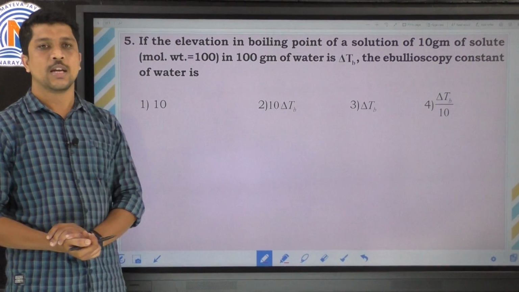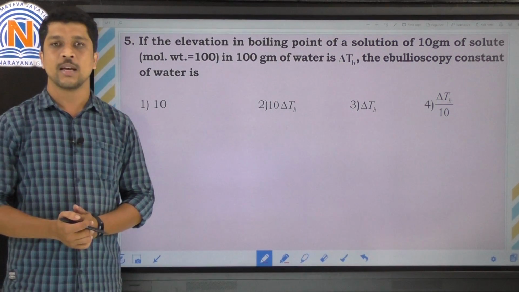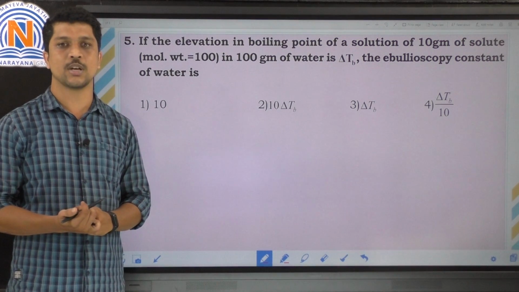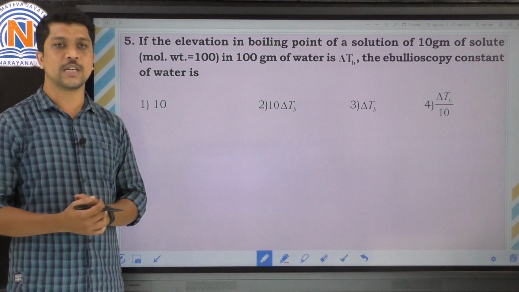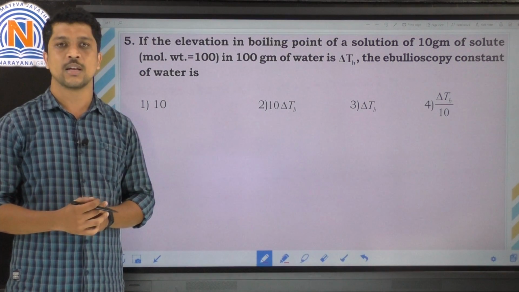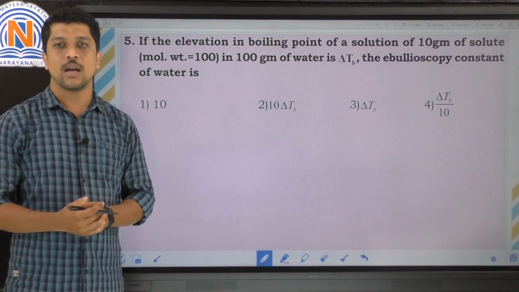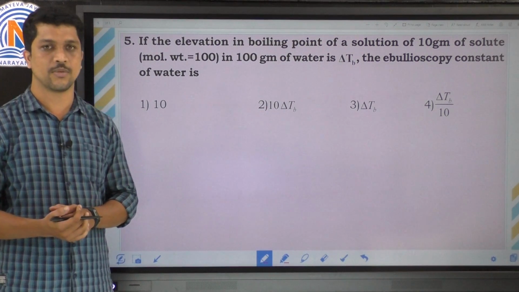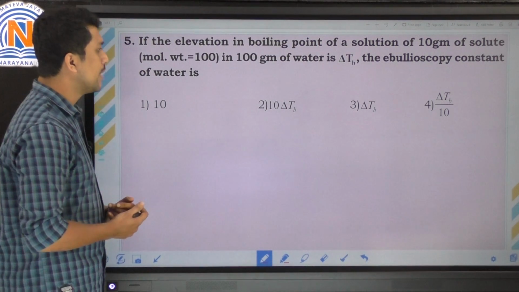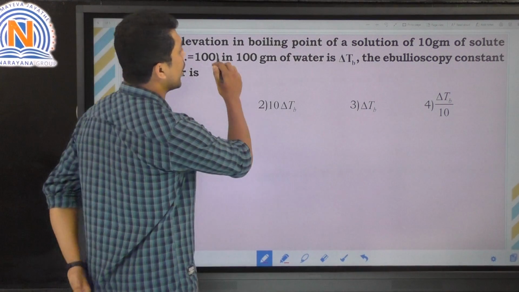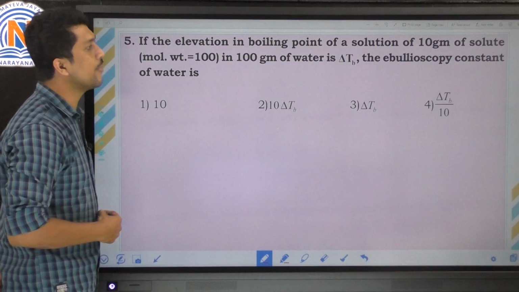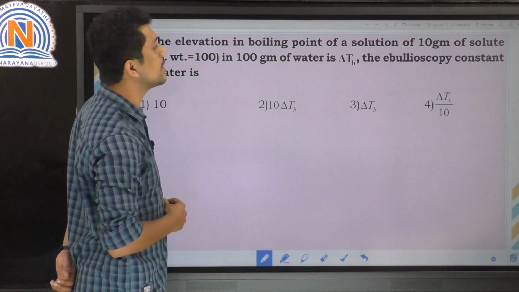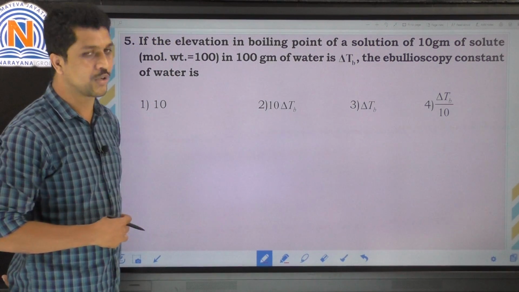Here is the fourth question. If the elevation of boiling point of a solution of 10 grams of solute, molecular weight 100, in 100 grams of water is delta TB, the ebullioscopic constant of water is, right?